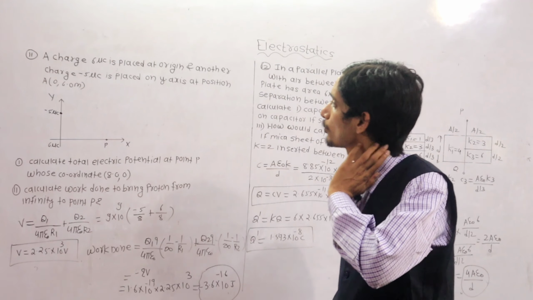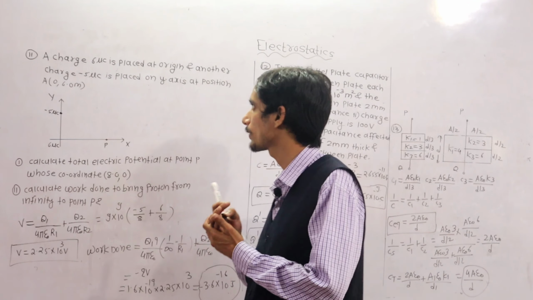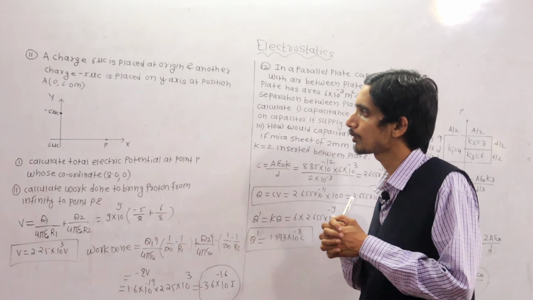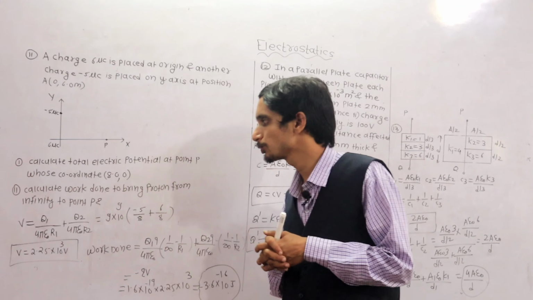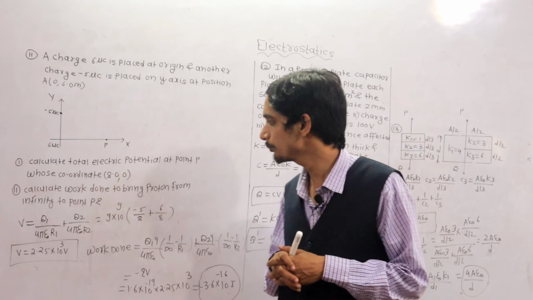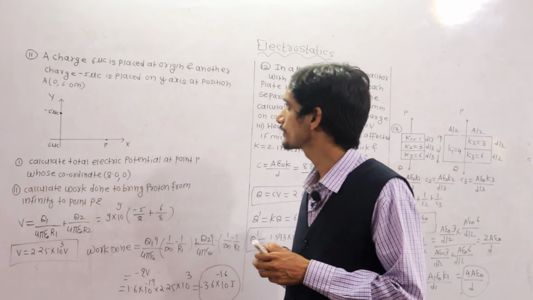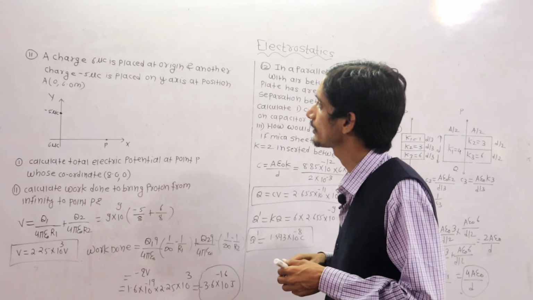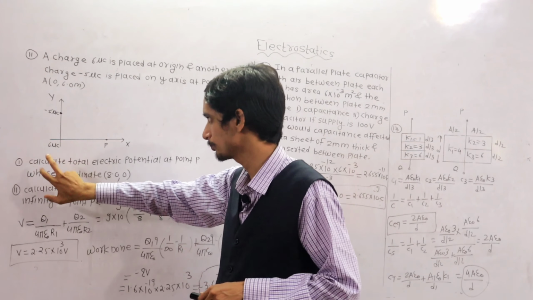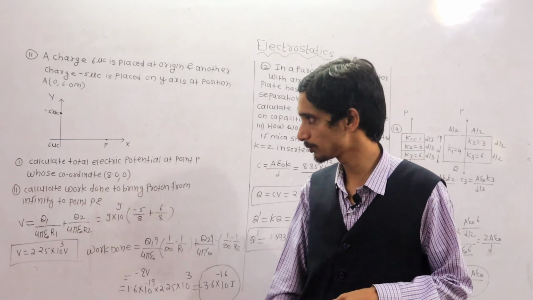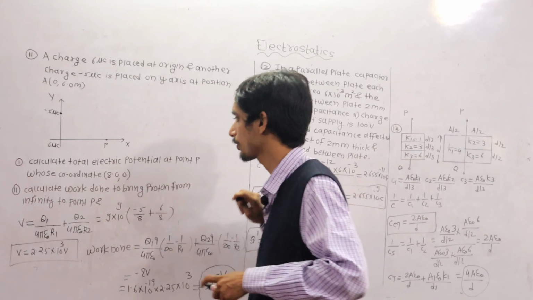A charge 6 microcoulomb is placed at the origin and another charge minus 5 microcoulomb is placed on the y-axis at position 0, 6 meter. Calculate the total electric potential at point P whose coordinates are 8, 0.